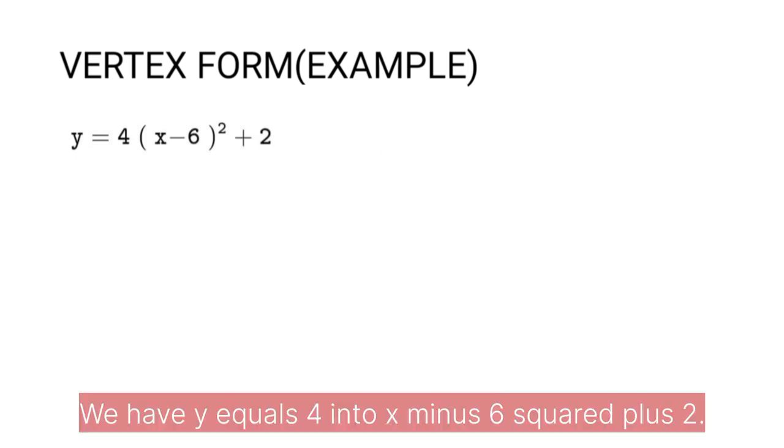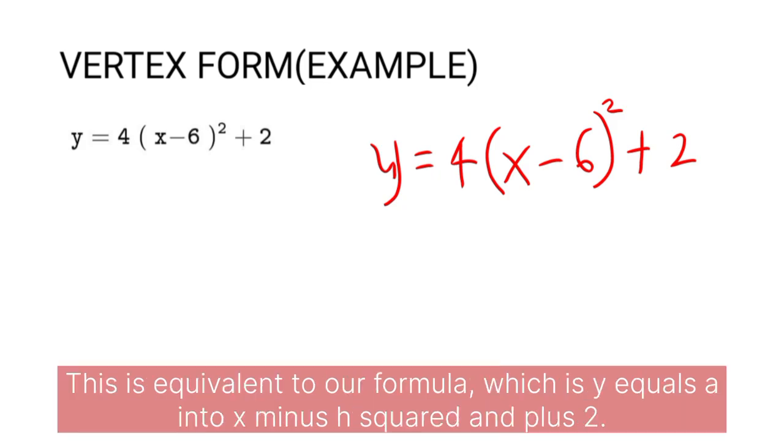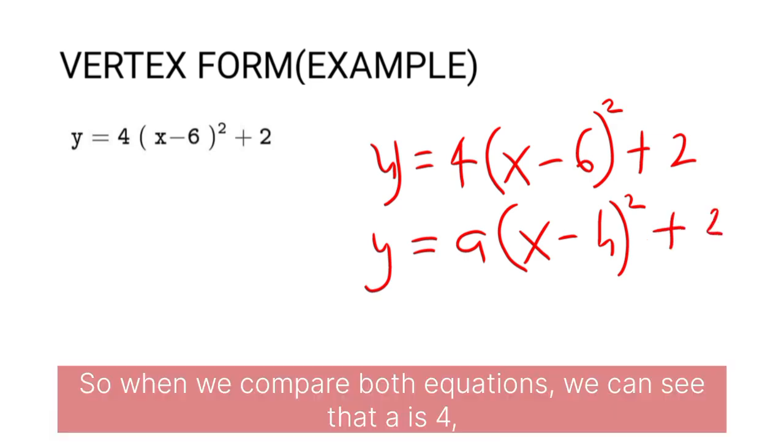We have y equals 4 into (x minus 6) squared plus 2. Now this is equivalent to our formula, which is y equals a into (x minus h) squared plus k.